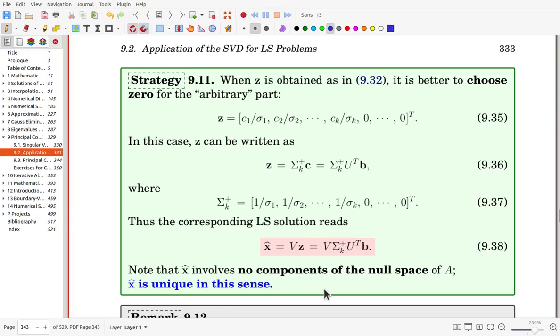Okay. Now, once we exclude the null space, we can say that such a least squares solution is unique under the condition that the null space is excluded.